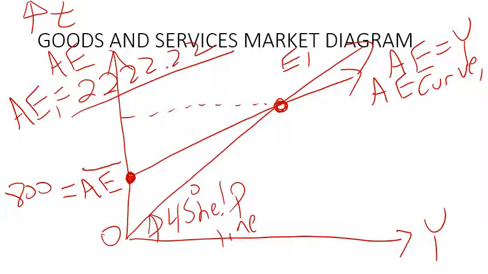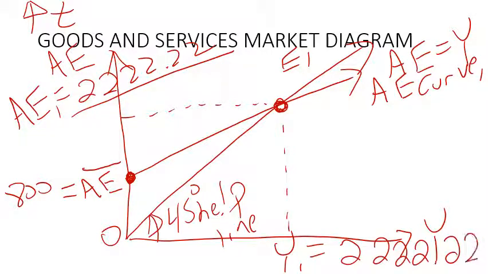And also, at that equilibrium level, E1, the GDP level is identical, 2,222.22. All right, so this is the equilibrium GDP level. At E1, AE is equal to Y.